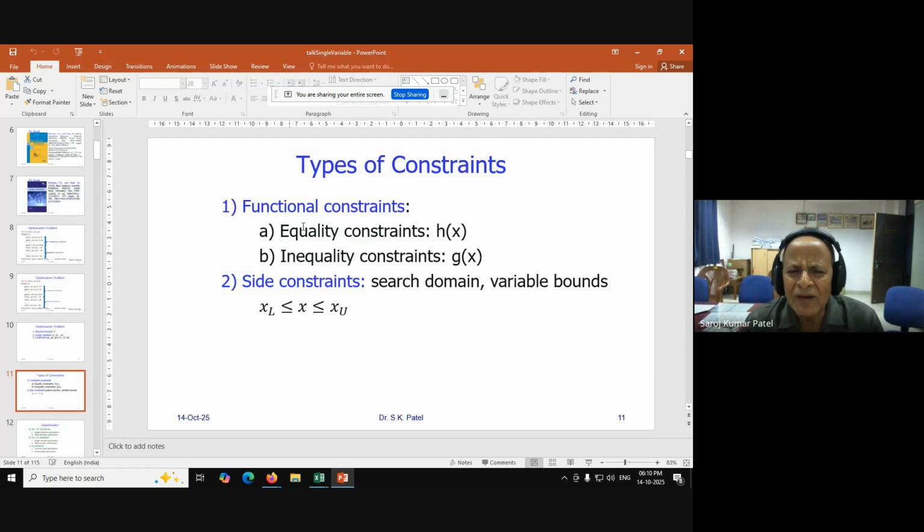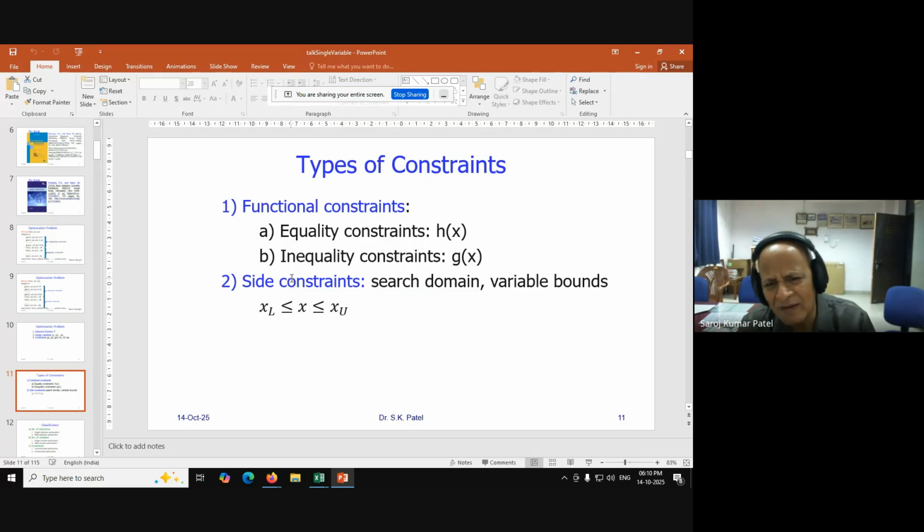Now this last line, these constraints are either equality constraints, which we normally denote as the function h of x, and inequality constraints are the function g. And these functions are called functional constraints. And the last line, where we specify the upper limit and lower limit for every decision variable, which tells about the search domain or the boundary for the variable, these are called side constraints.